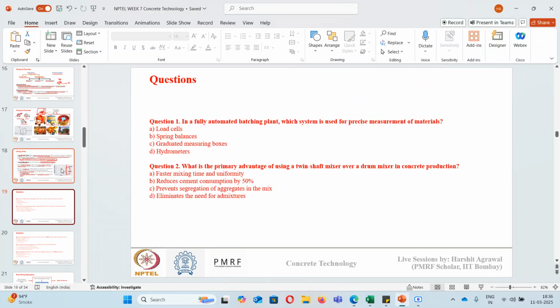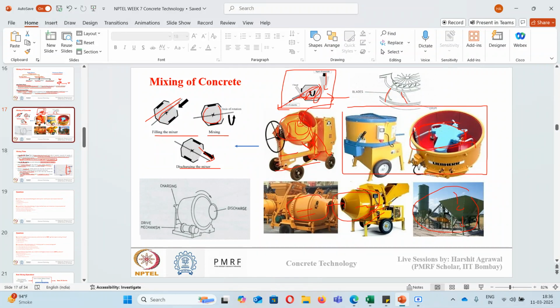Okay, so as I told you, with this tilting drum, if you are using a high workable concrete, you may see segregation happening. However, for low workable concrete, it is good enough. For this non-tilting drum, you can go with the high workable concrete also, because you are not tilting the drum, the concrete escapes as it is from the bottom. This reversible drum is mainly used for dry mixing.